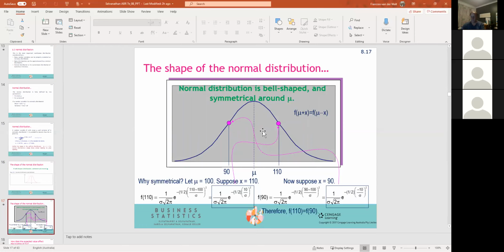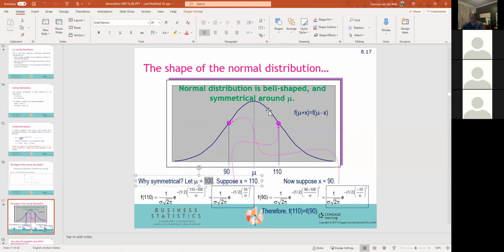In this particular case, if mu equals 100, there you can see 100, you can fit it into this mathematical formula, and then suppose x is 110, which is that one there, and x is 90, you can do the calculation to calculate the area underneath this one.